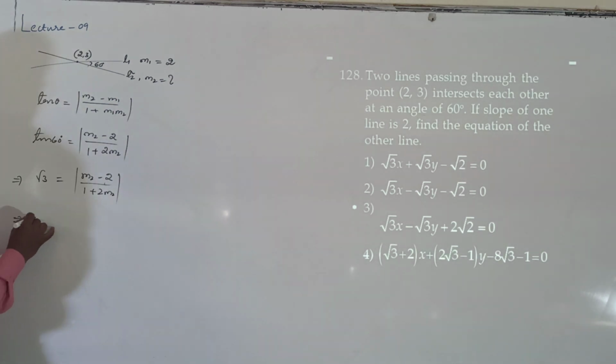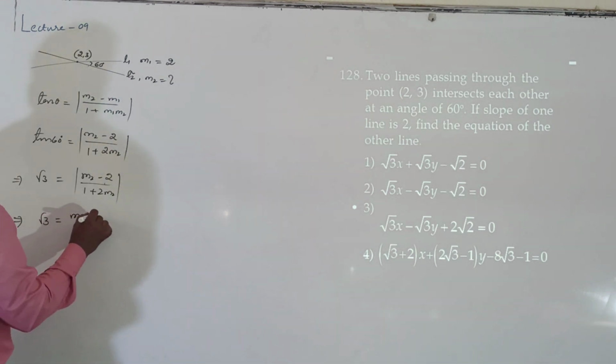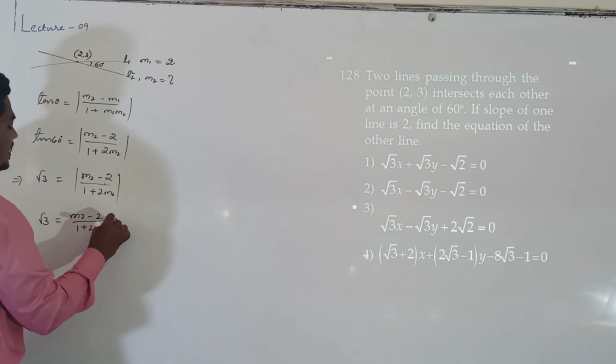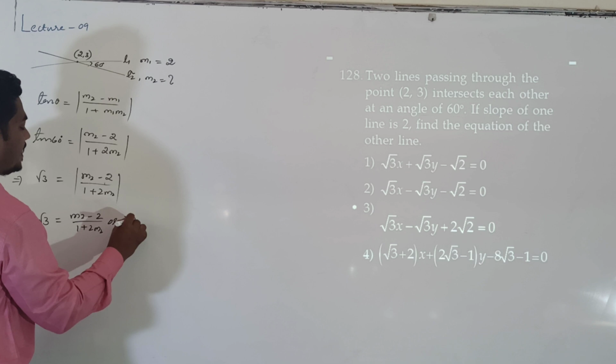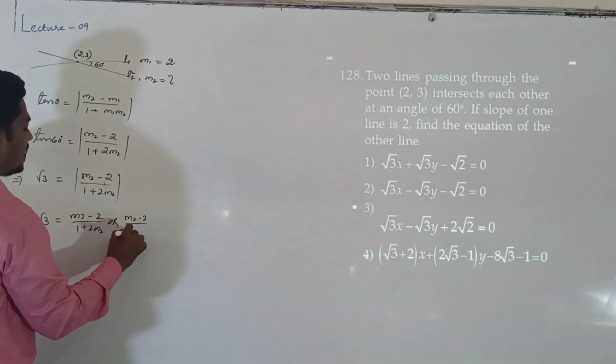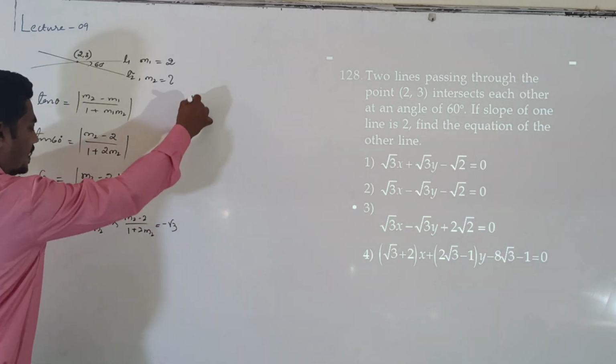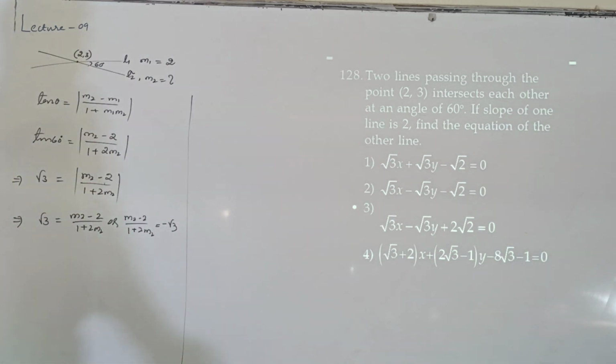Then there are two possibilities: root 3 equal to m2 minus 2 divided by 1 plus 2 m2, or the other possibility, m2 minus 2 divided by 1 plus 2 m2 is equal to minus root 3, right? Just simplify. We need to find the slope of line 2.